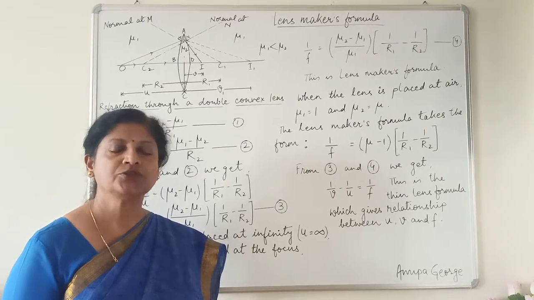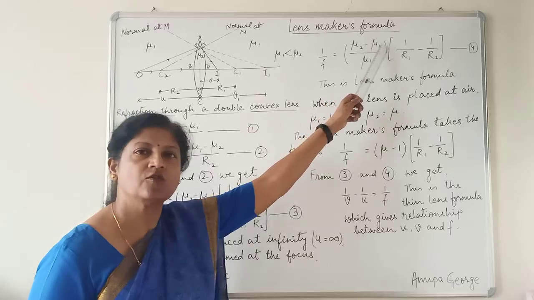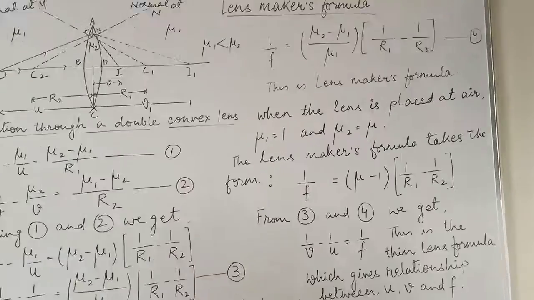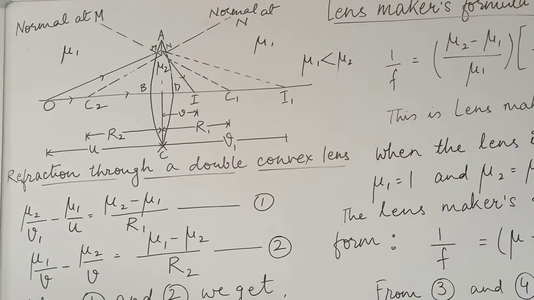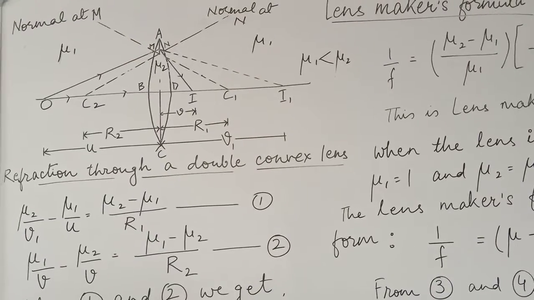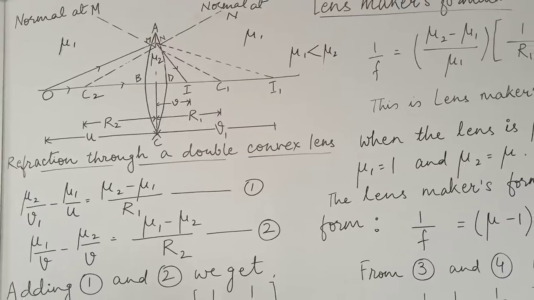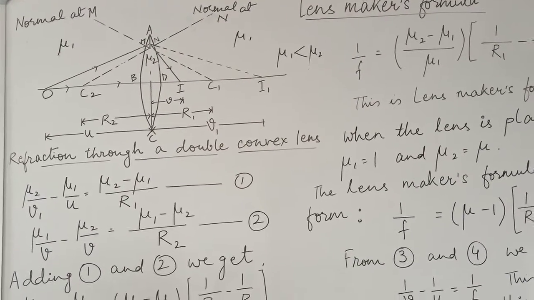Students, today we are going to study the lens maker's formula. This formula relates the focal length of a lens to the refractive index of the lens material and the radii of curvature of its two surfaces.